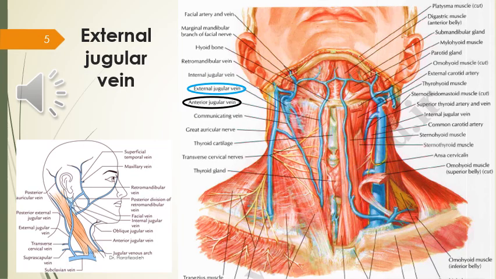The external jugular vein receives some branches, and this vein itself empties into the main veins of the neck, the subclavian and internal jugular veins.